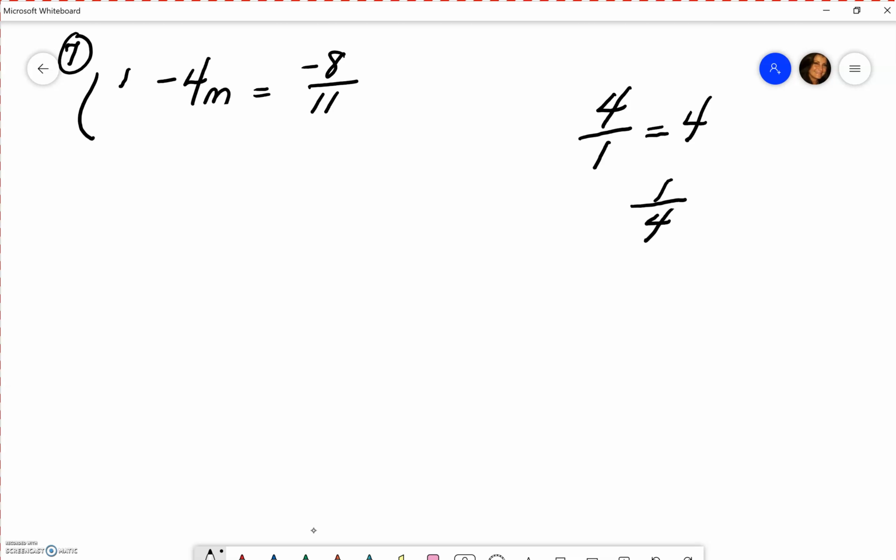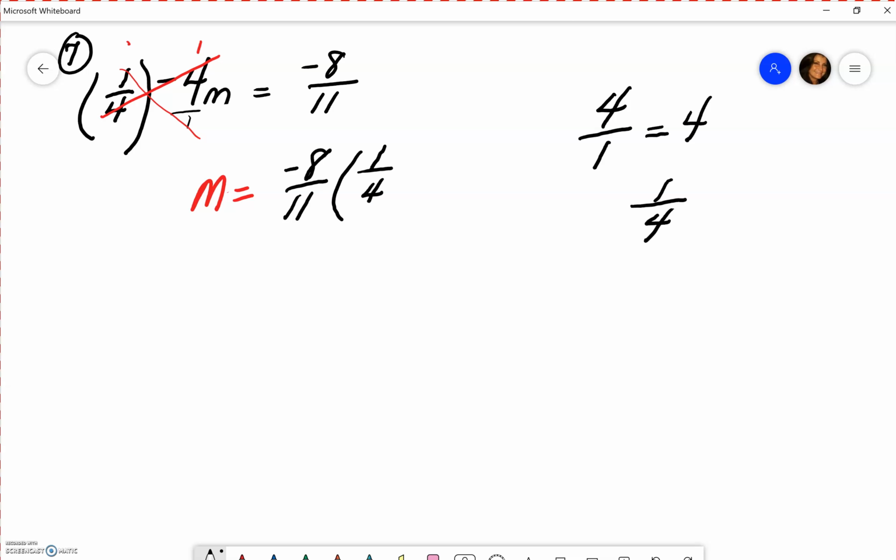So if I multiply this by 1/4, and again, this is 4/1, you can see how these divide out to 1's, just all 1's. And then what you do to one side, you must do to the other. So we would have m equals, and then it would be the -8/11. And then we do the same thing to this side, 1/4.